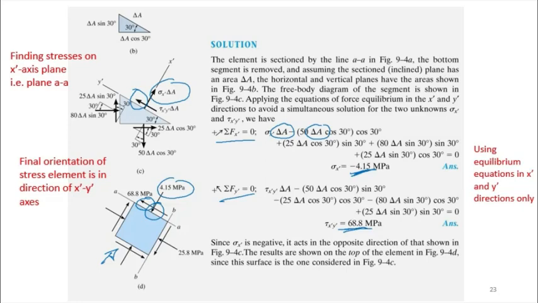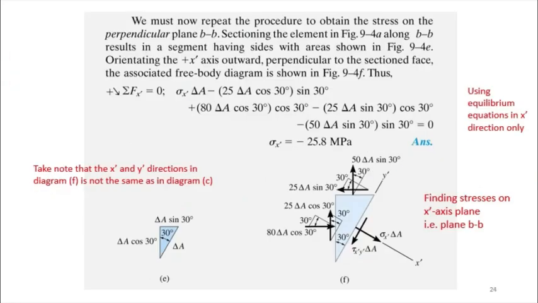Now we need to find surface BB using the other triangle, right? Again, you do the equilibrium of forces, and from equilibrium of forces, we'll find that sigma x prime is negative 25.8. Again, our assumption was a positive direction, right?